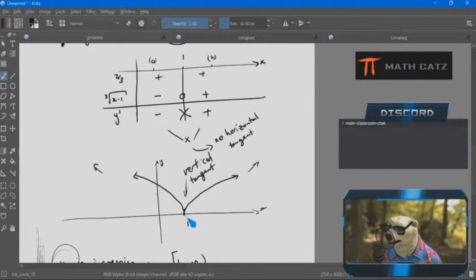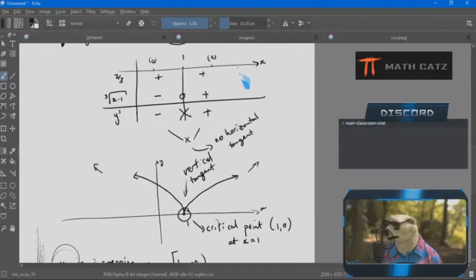And what I get here is a point where things are changing. It's going downhill to uphill. There's a turning point. It's an interesting point in the graph. We're going to call that a critical point. It's really critical to the property of the graph, to the features of the graph, to the type of graph that I see. Critical point is going to be 1, 0, the point 1, 0. Or I can say critical point at x equal to 1.